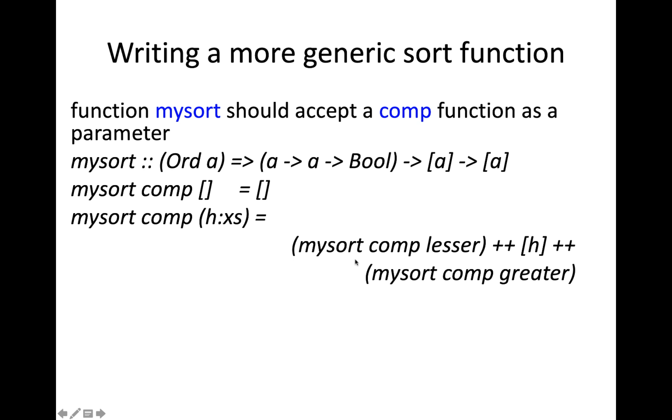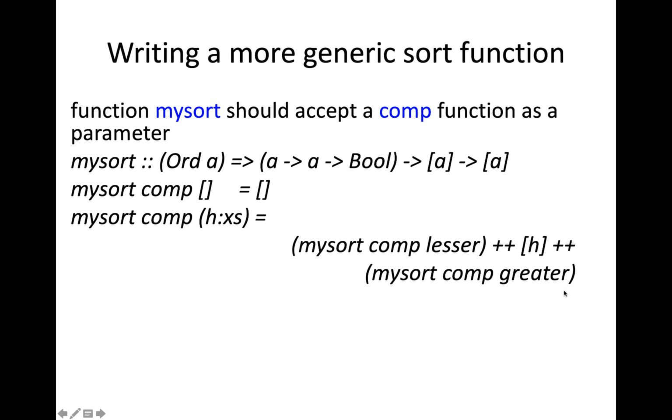And then on the left hand side we have a sublist called lesser, and we are going to apply mySort comp again on lesser as the recursion. In the middle we have items which are equal to h, and on the right we have greater, and we are going to apply mySort comp as recursion on greater.